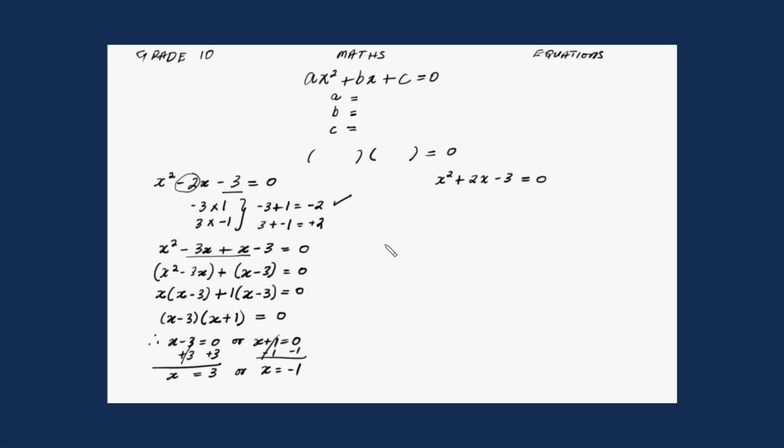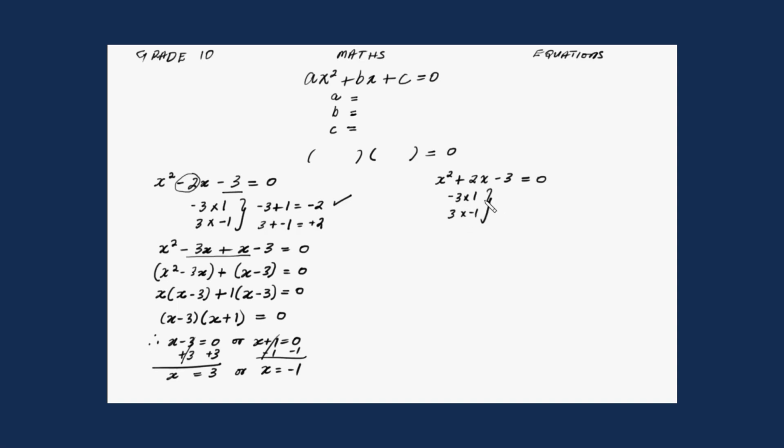All right, what do we do? We are going to be looking at the factors of this minus 3, whose sum is positive 2. So factors of minus 3 would be minus 3 times 1 and 3 times minus 1.